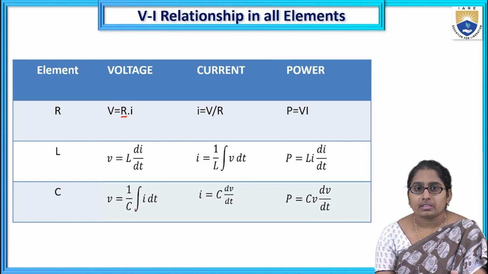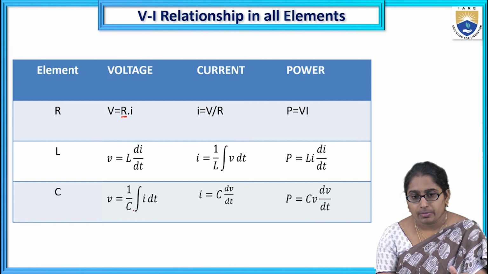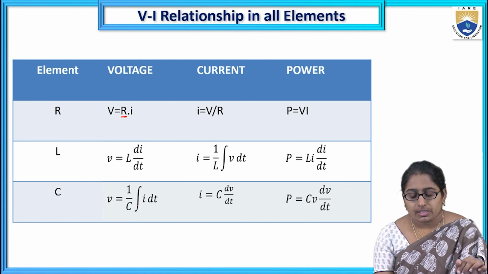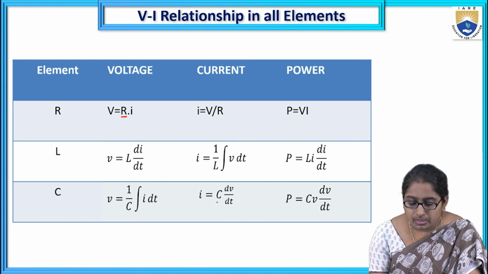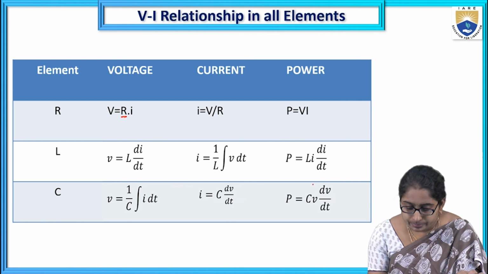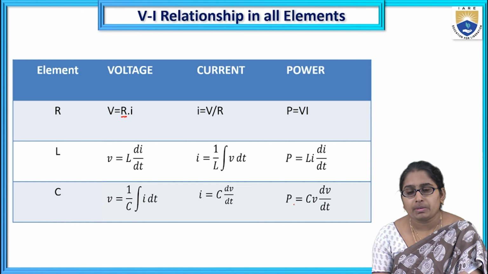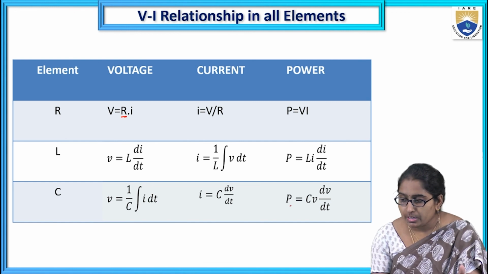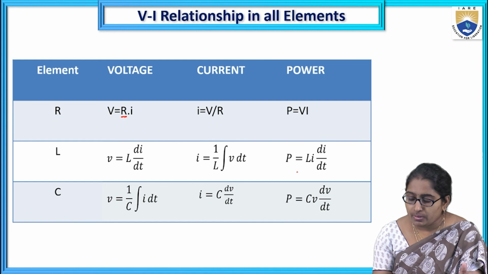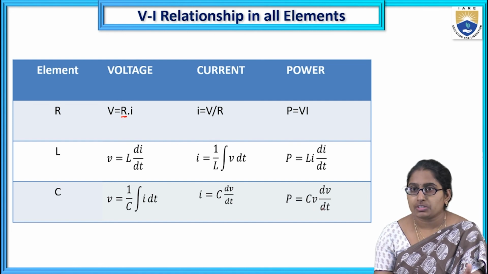So remember like that. From that the current equation is written, then the power. The power equation is the product of V and I, substitute for I, so in terms of V, we get the power equation.